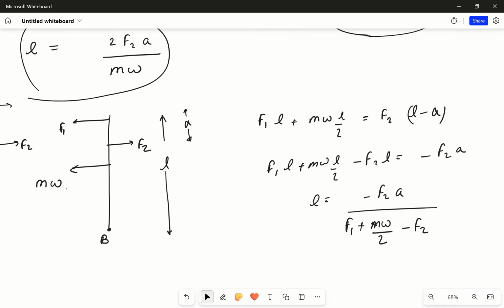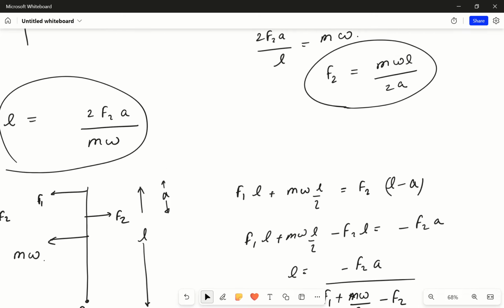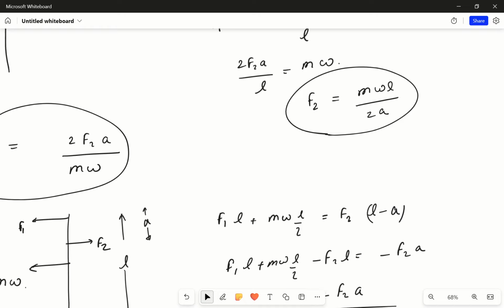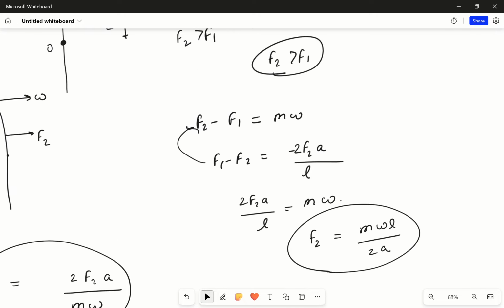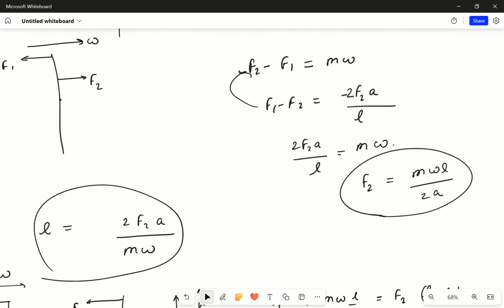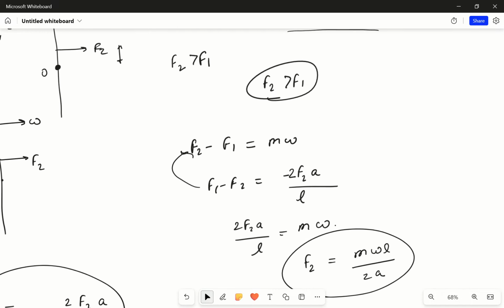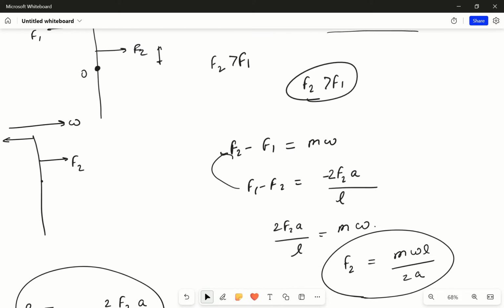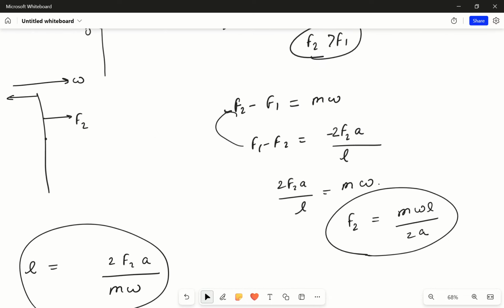So this is the value of L. But we have to remove mW from this. Wait a minute, we have calculated it in the force equation: F2 minus F1 equals mW.